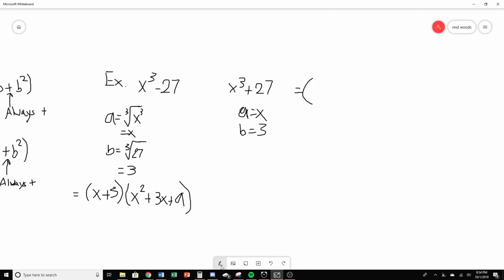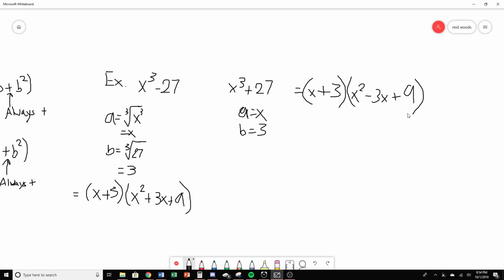So a plus b, that's going to be a is x plus b is 3. Then I do my opposite sign. It's going to be a squared, which a is x, so it's x squared. Then I'm going to do the opposite sign here, and this is going to be a times b, so it's 3x. And then I have b squared, and it's always adding here, so it's b squared, which is 9 again, okay? And that's how you would answer these questions.